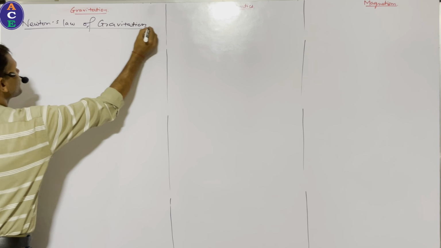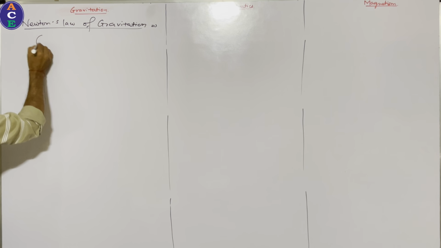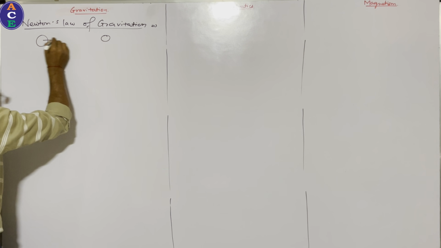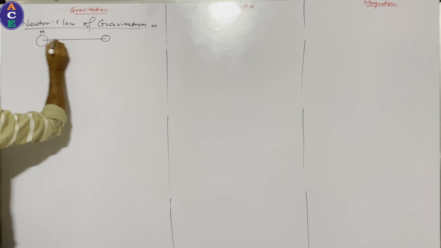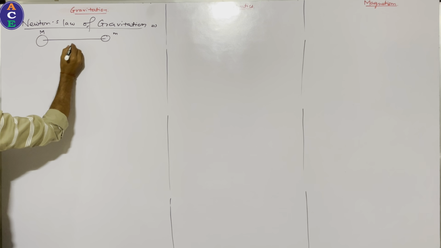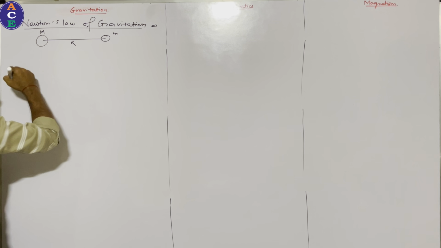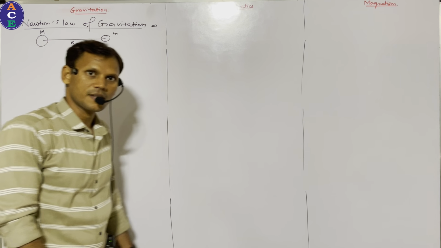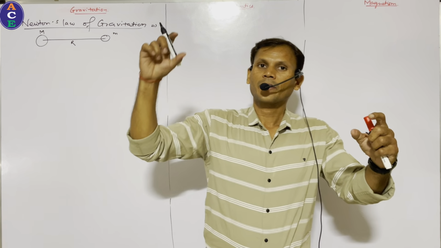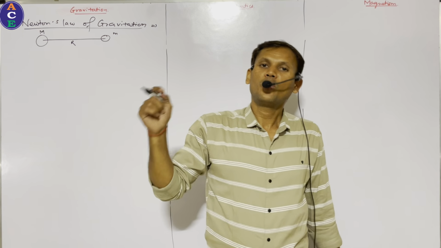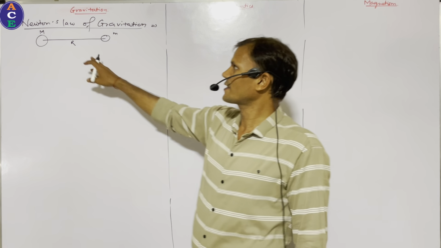Newton's law of gravitation states that if there are two masses, one is capital M, another is small m, and capital R is the distance between their centers. तो दो masses हैं, capital M, small m. उनके सेंटर्स के बीच का डिस्टेंस इज कैपिटल आर.